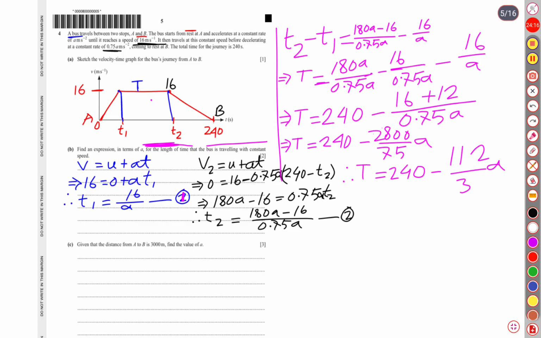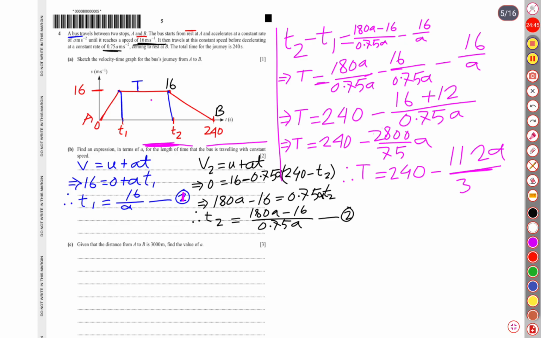Then if we divide 4800 by 25 and 75 by 25, we get 112 over 3a, in terms of a. This is what the answer is. Okay, so finally, what have we got? Let me write this above the denominator. Okay, it looks better. So this is the solution to question number B of this question number 4.